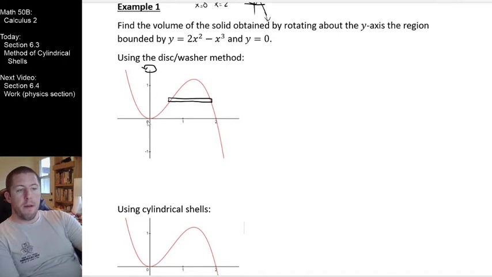Right? So if I'm going to talk about the area of this washer, it looks to me like the radius is being measured as an x component here. The distance from our axis of rotation to the inner radius, I can just call an x value. I don't have to do anything special. It's not like it's 2 minus x or anything like that. We're measuring from this axis of rotation to this edge.